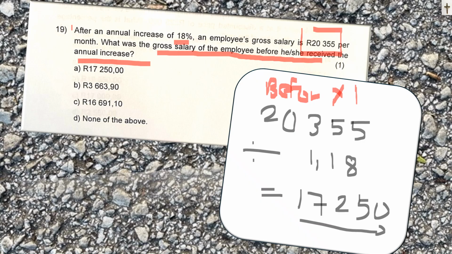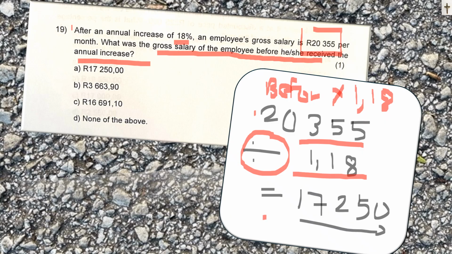Remember, 18% as a decimal, so it would be times by 1.18. The before, which we don't know, multiplied by 1.18 will give me the new. So if I want to work backwards, I take the new amount after the 18% and I divide by 1.18, and the answer is 17,250, which is A.